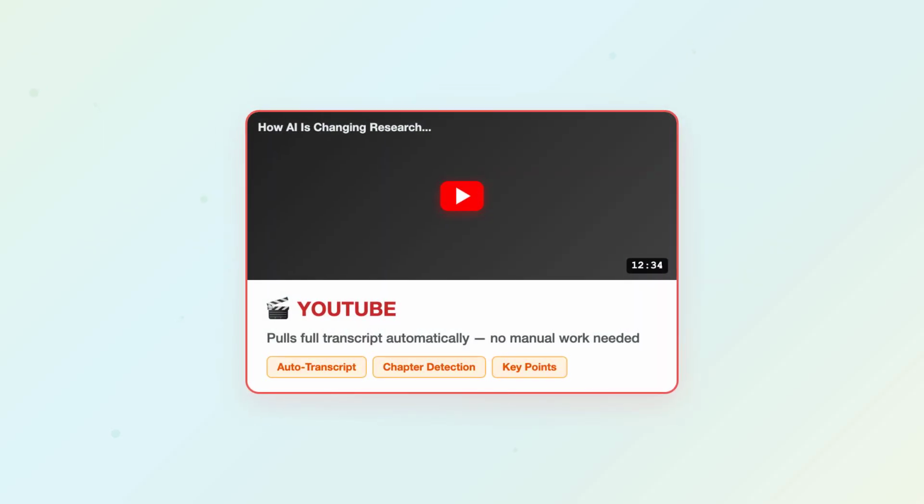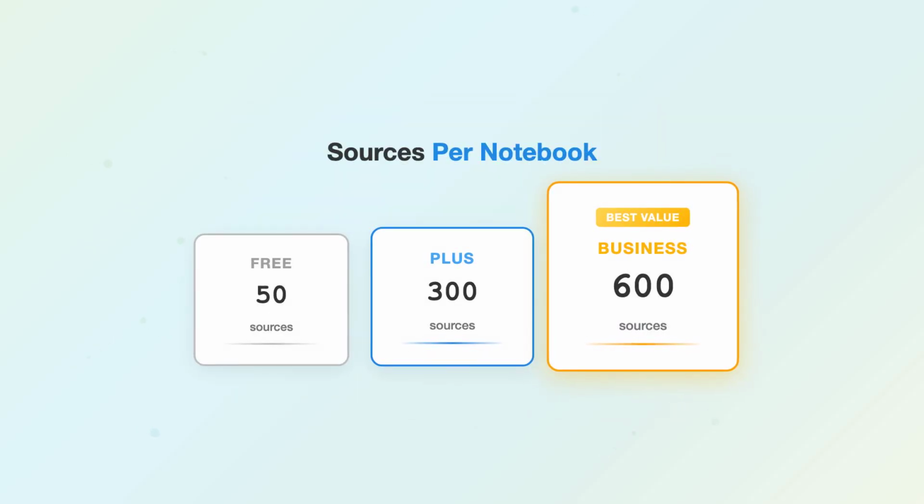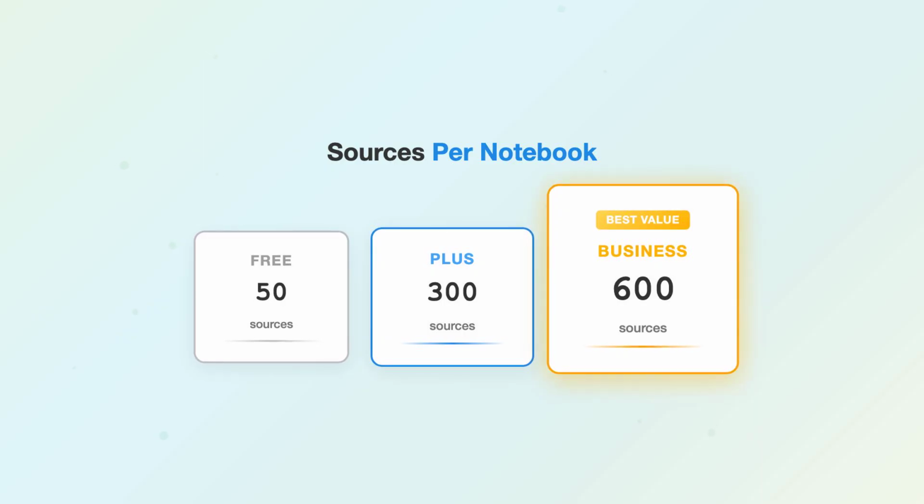Audio and video files, MP3, MP4, WAV, transcribed and indexed. Images and screenshots, including handwritten notes using OCR. Web URLs, paste any article, and it's added to your knowledge base. CSV files for data analysis.